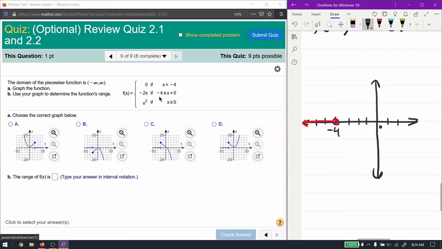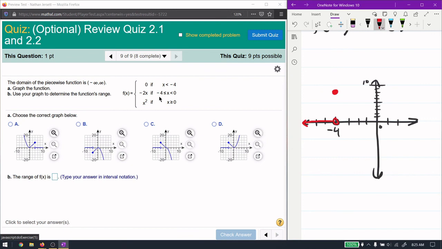So let's go 1, 2, 3, 4, 5, 6, 7, 8, 9, 10. +8 at -4 is about right here. I'm going to use a closed dot there to show that it's actually defined at that point. It cannot be defined at both 0 and +8, because if it were, it would not pass the vertical line test and therefore would not be a function.